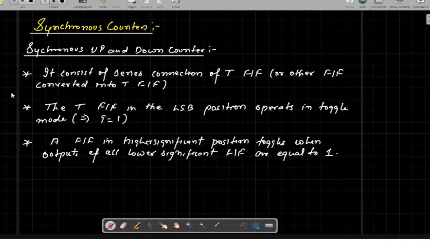And one more important note point you have to write here regarding the asynchronous up down counter.